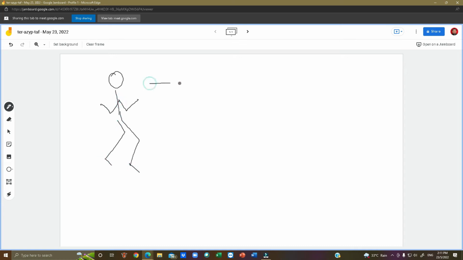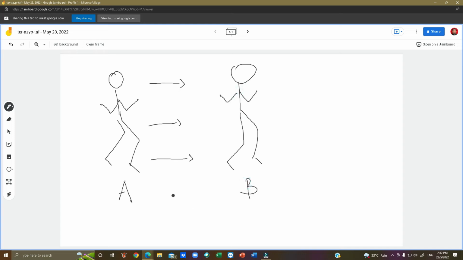Okay, when we talk about walking, we are going to see a movement forward. Okay, daripada point A ke point B. We are going to see something like this. Pergerakan daripada point A to point B, or we call it as a translation.